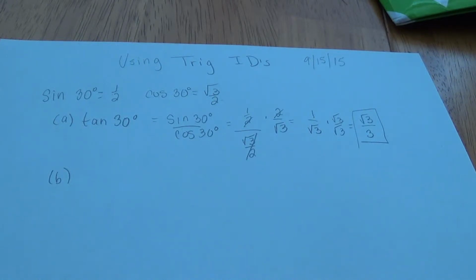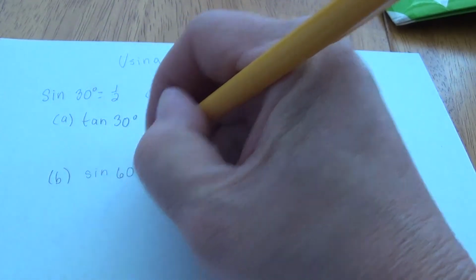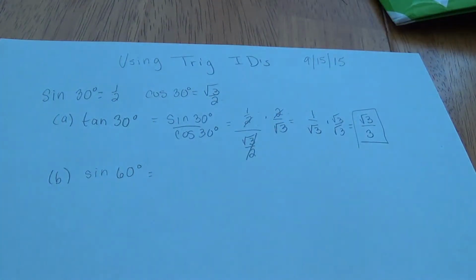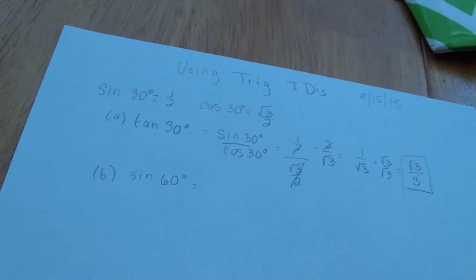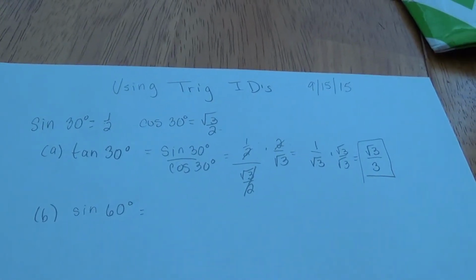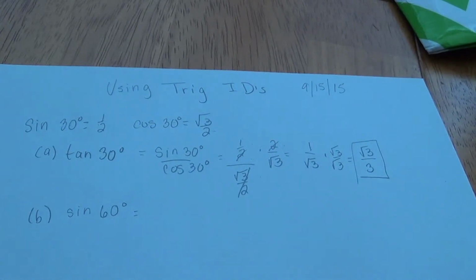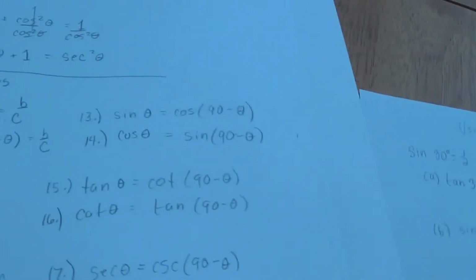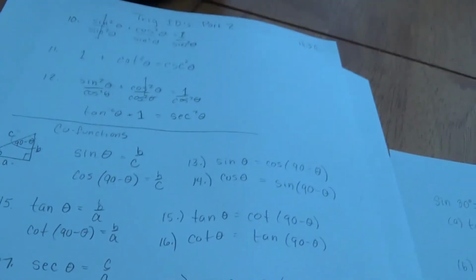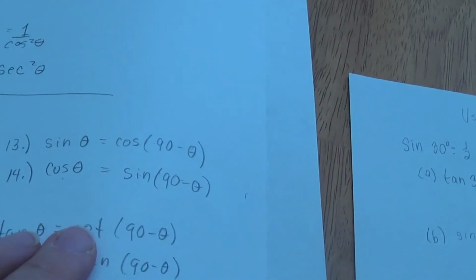Let's do a couple more of those. Let's say I was looking for the sine of 60. And again, I could use my special triangles, but I'm going to show you using trig IDs tonight. So sine of 60. We learned yesterday that there's a relationship between sine and cosine, and it's numbered 13 and 14.